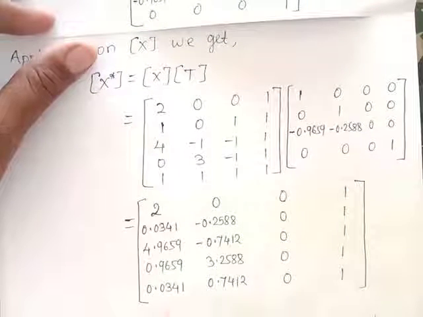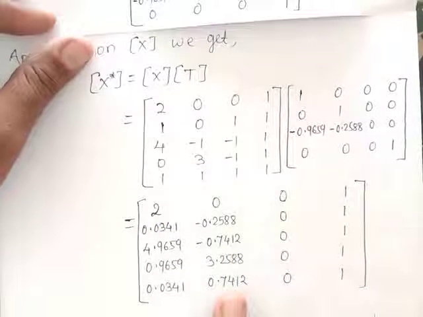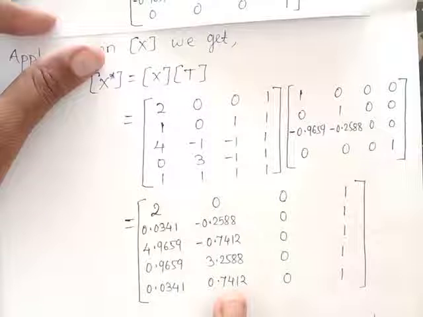As such, we get the cavalier projection of the object X through an angle of 15 degrees.